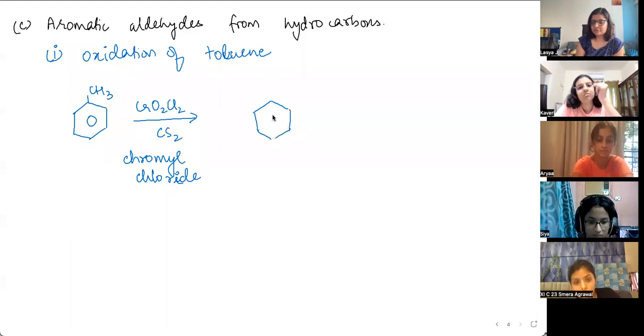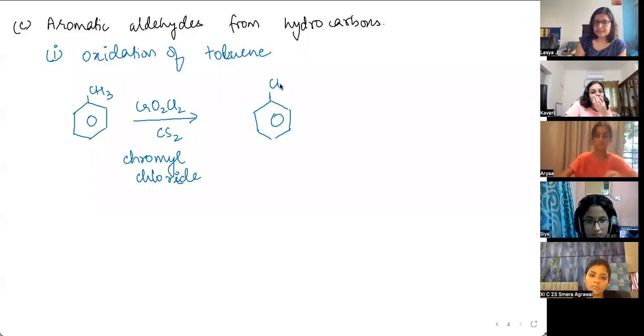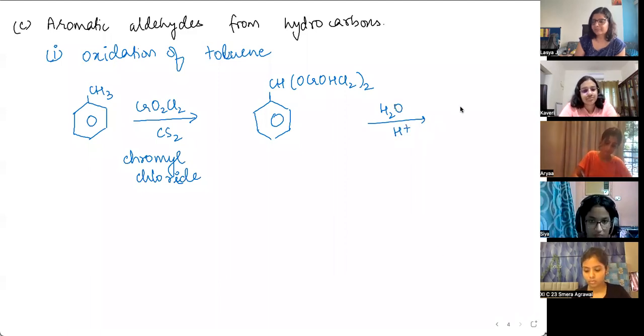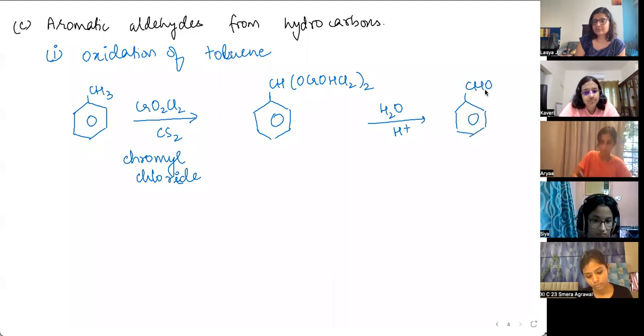So the oxidation of toluene gives, you get CH(OCrOHCl2)2. And this on acidic hydrolysis, H2O/H+, gives aldehyde. So this is also another named reaction. When you use specifically this particular reagent, chromyl chloride, this is called the Etard reaction.